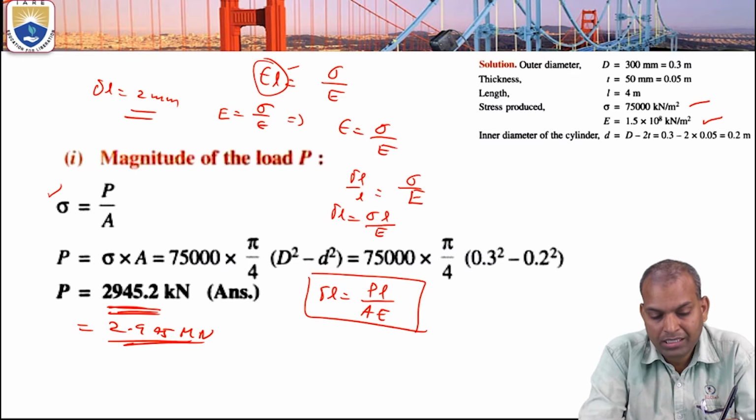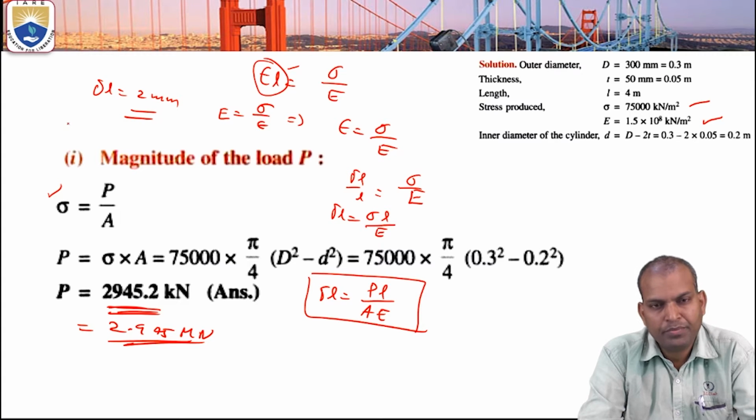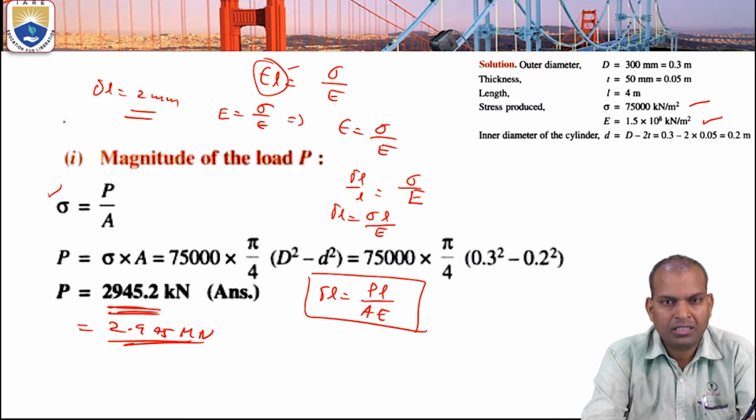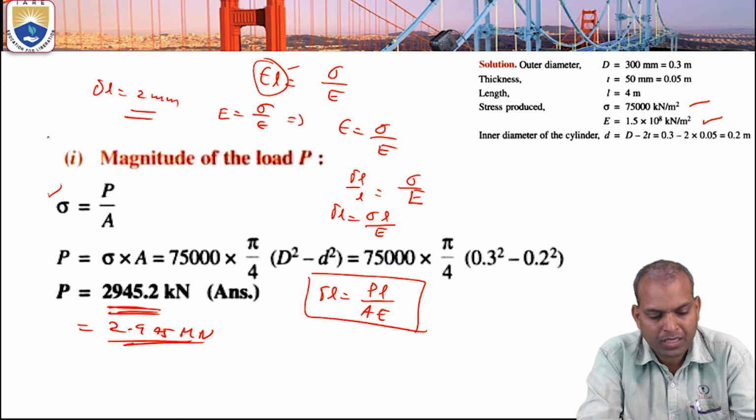Now here, delta L depends on the load, the type of load acting on the cross section, the length of the body, the cross section of the body, and the type of material, which is related to the property of the material, the modulus of elasticity.